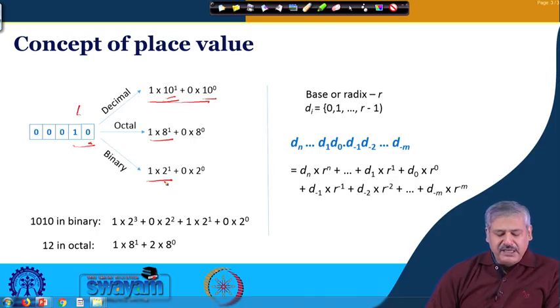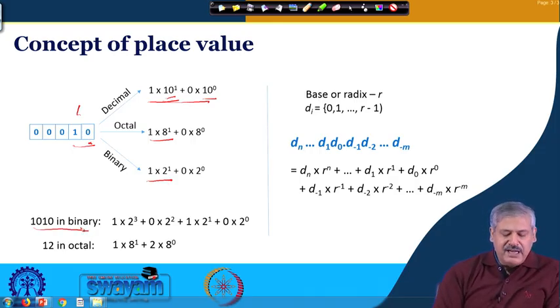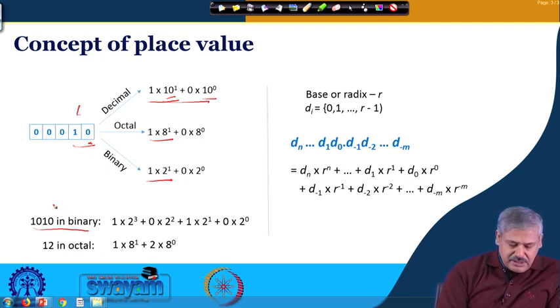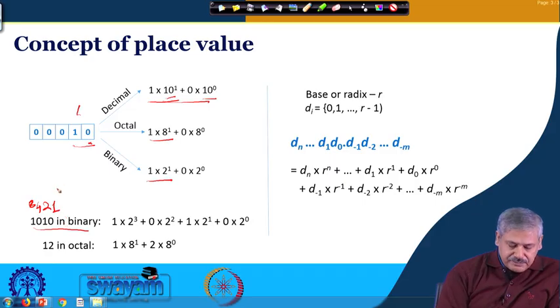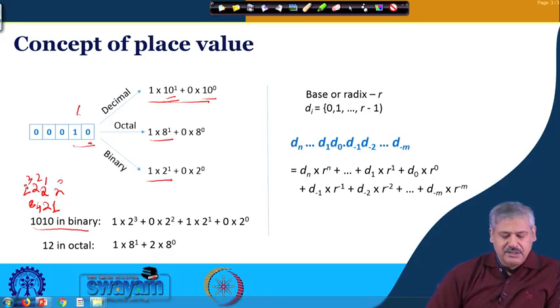And by this we see, if we go on adding the place value over here, 1 0 1 0. So, this is units place, this is 2's place, this is 4th place, and this is 8th place. Okay. So, then this actually goes like this: 2 to the power 0, 2 to the power 1, 2 to the power 2, and 2 to the power 3.